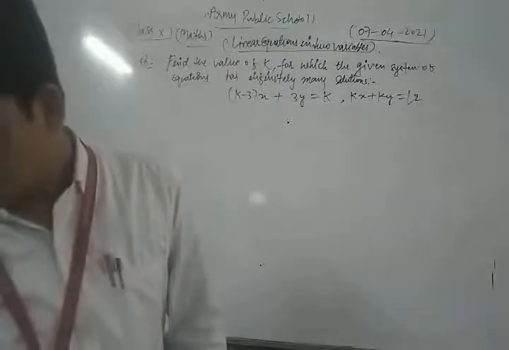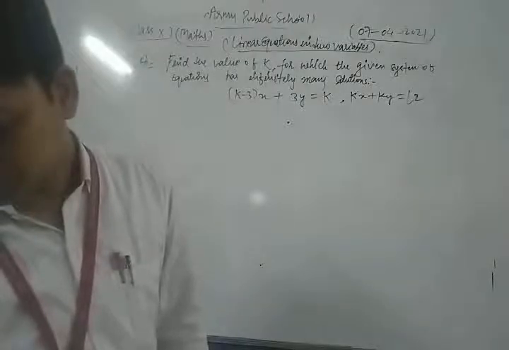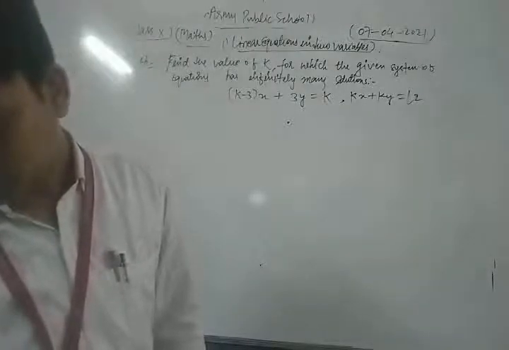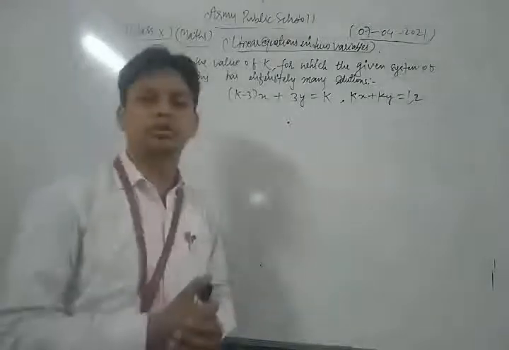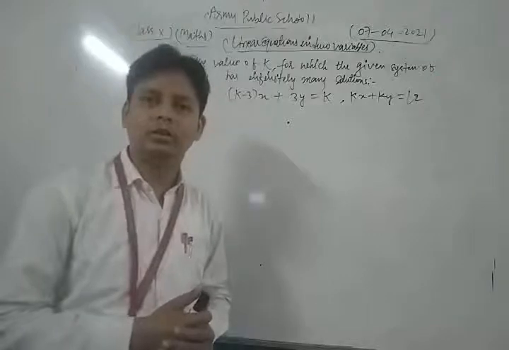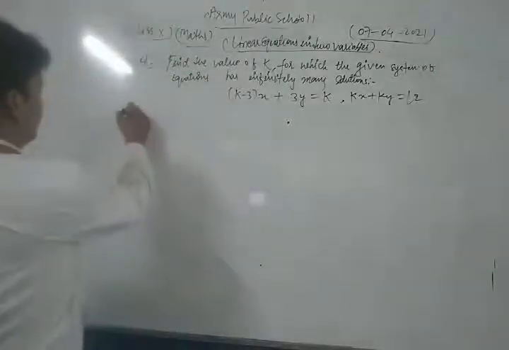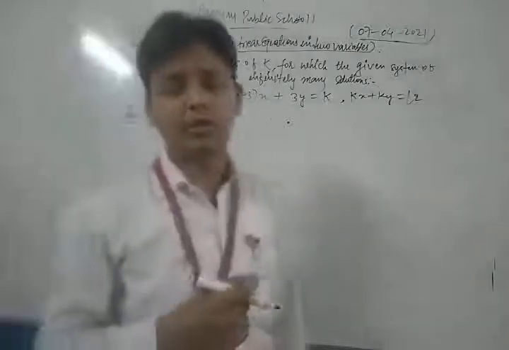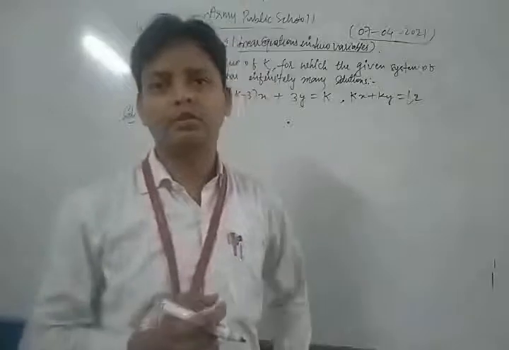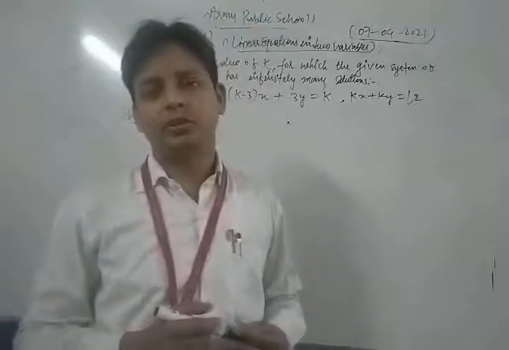Okay, dear students, let's see. This is one of the most important questions based on this topic. Now let's see its solution. What is the process? First of all, we write the given equation in the original form, like a1x plus b1y plus c1 is equal to 0 and a2x plus b2y plus c2 is equal to 0.